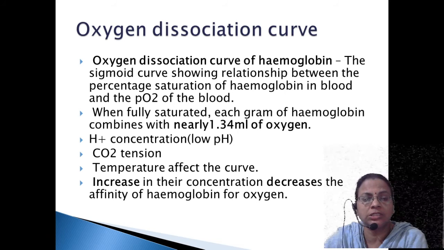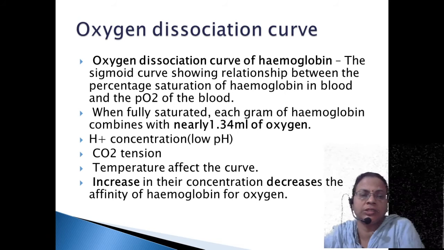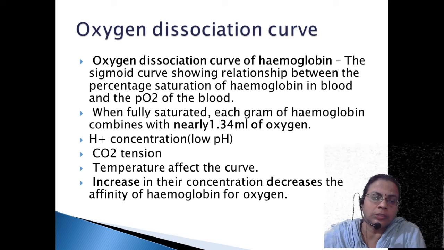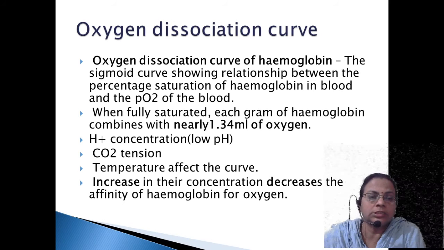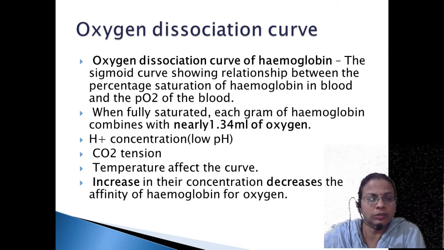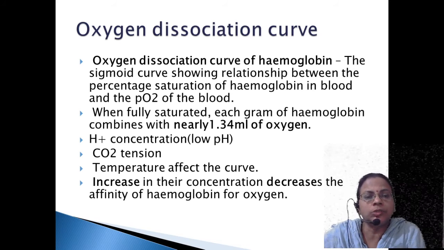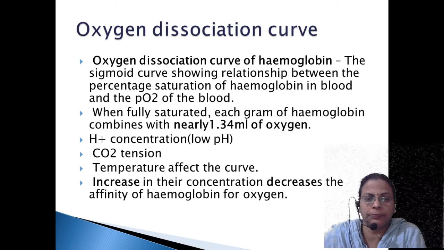So whenever these 3 factors occur, increased H plus ions, increased carbon dioxide tension or partial pressure, and increased temperature, oxyhemoglobin will dissociate into hemoglobin and oxygen.